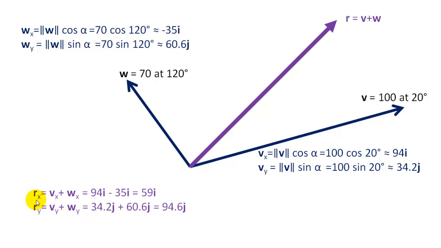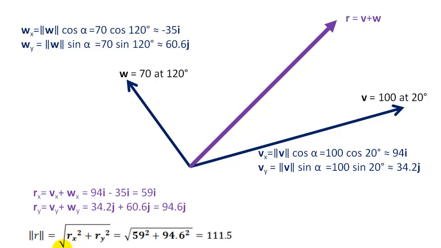So the resultant component in the horizontal direction is equal to v sub x plus w sub x. That's 94i minus 35i, and that's equal to 59 times i. In the vertical direction, the component is v sub y plus w sub y. That's equal to 34.2j plus 60.6j, which is equal to 94.6 times j.